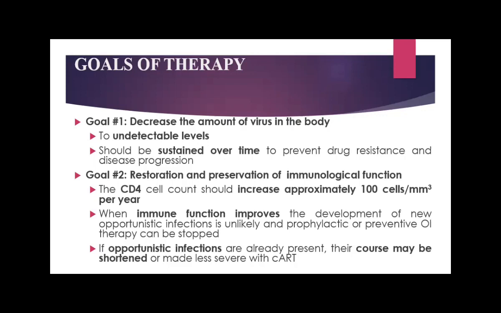As the immune system of the patient improves and the CD4 count increases, there will be fewer new opportunistic infections affecting the patient. Opportunistic infections are simply infections that come about due to the immune system being compromised. And if opportunistic infections are already present, their course may be shortened or made less severe with combined ART.